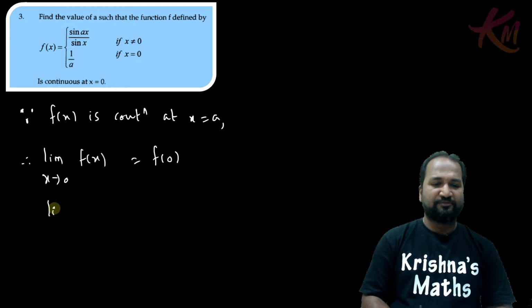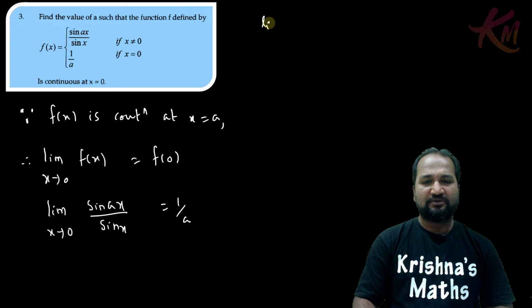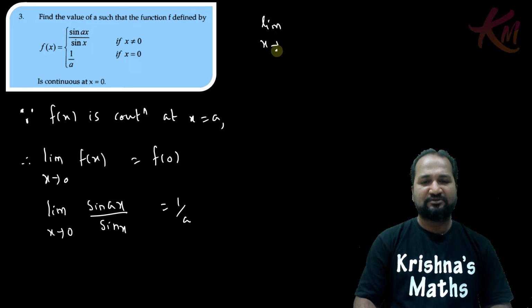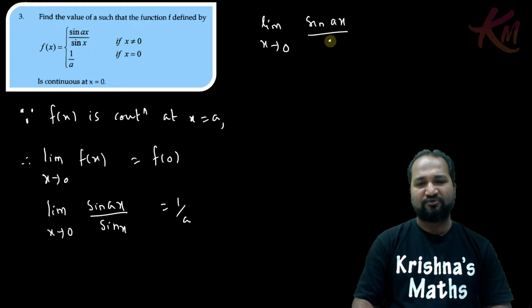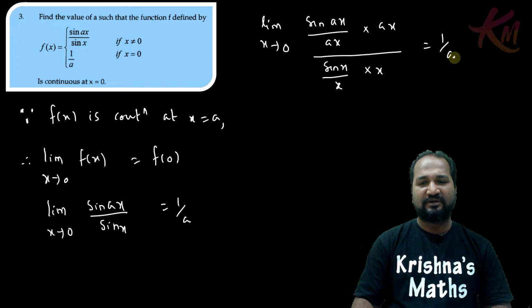So limit x tends to 0 of sin ax divided by sin x will be equal to 1 by a. We need ax below, so we divide by ax and multiply by x, since we need x for sin x, and multiply by x, is equal to 1 by a.